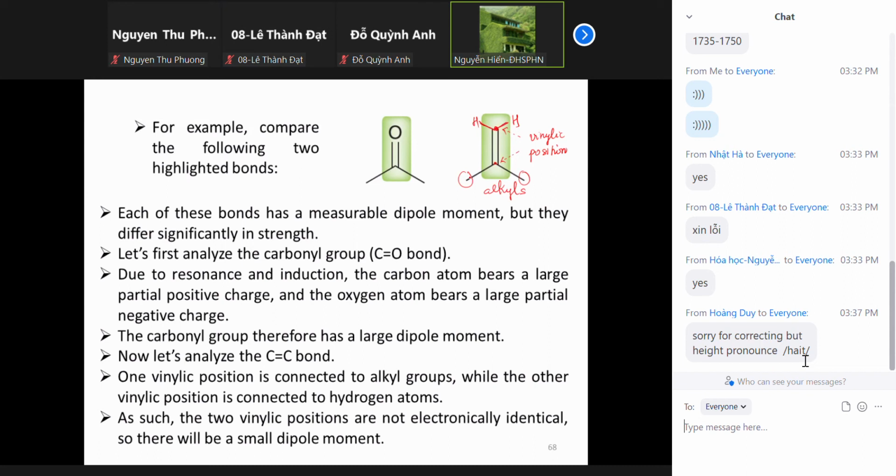CH and CC bonds are just covalent bonds, and here you have a polar covalent bond. And so the two vinylic positions are not electronically identical. So there will be a very small dipole moment.